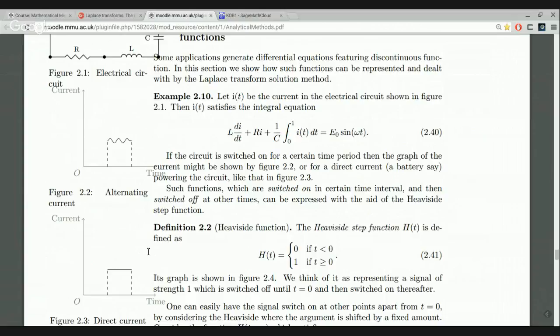We can move or change the location. We can move the time of switching. What if we wanted a signal not to switch on at time 0, but maybe to switch on at some other time, a, say?